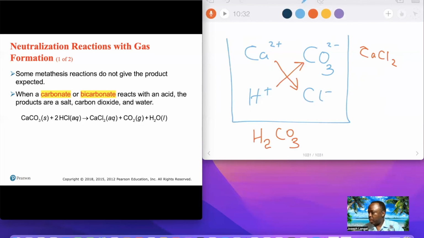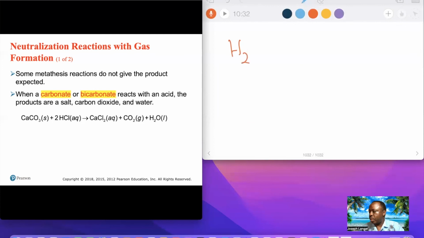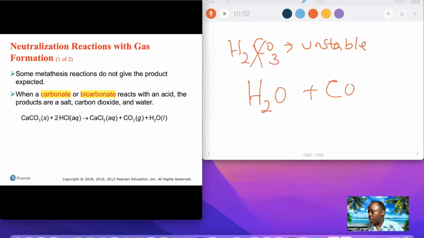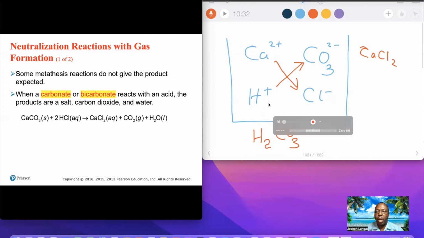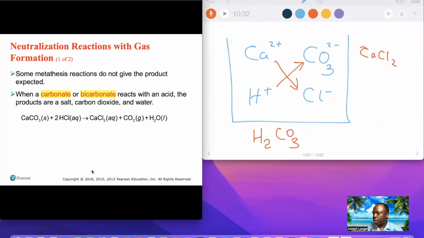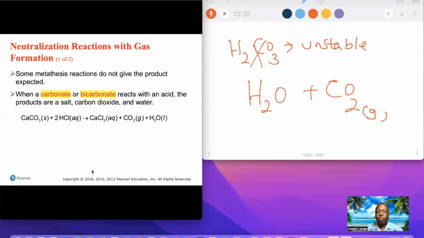H2CO3 is unstable, and as soon as it is formed, it will decompose into H2O plus CO2. So wherever you have this type of reaction where you expect carbonic acid H2CO3, know that you have to break it down to liquid H2O and CO2.